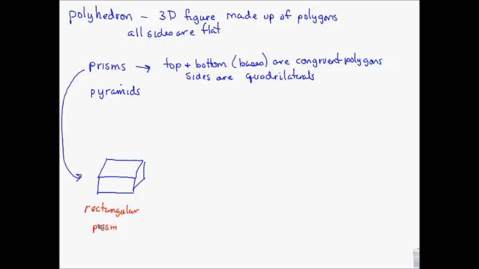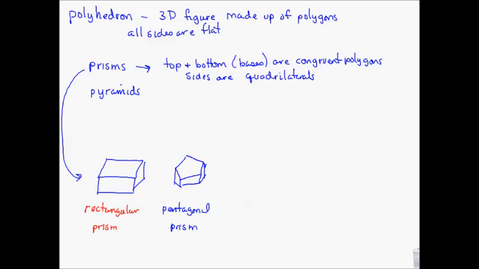If you have a pentagon, and then it goes down, and then there's another pentagon on the bottom, I can't draw these very well, but you get the idea. It's a pentagon on the top and bottom, and then all the sides are rectangles. Then that's called a pentagonal prism. And the prisms are named by the shape of their bases.